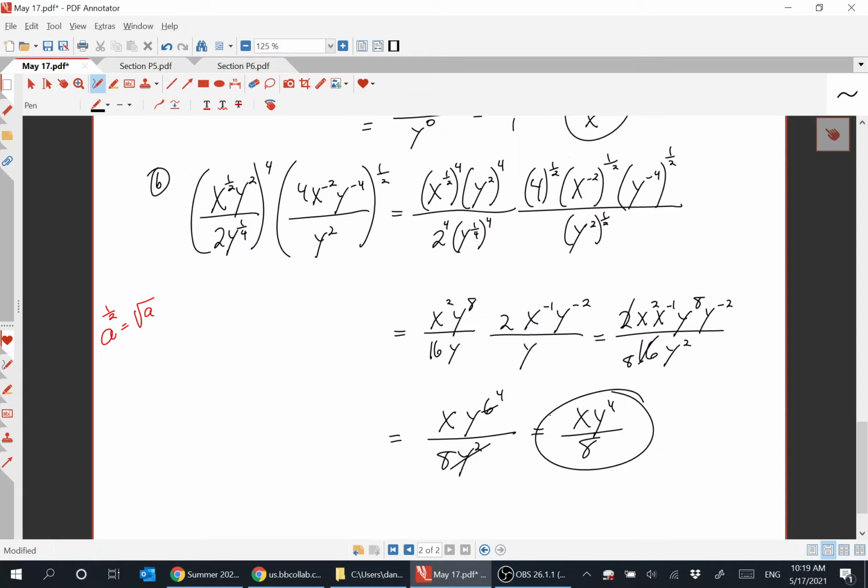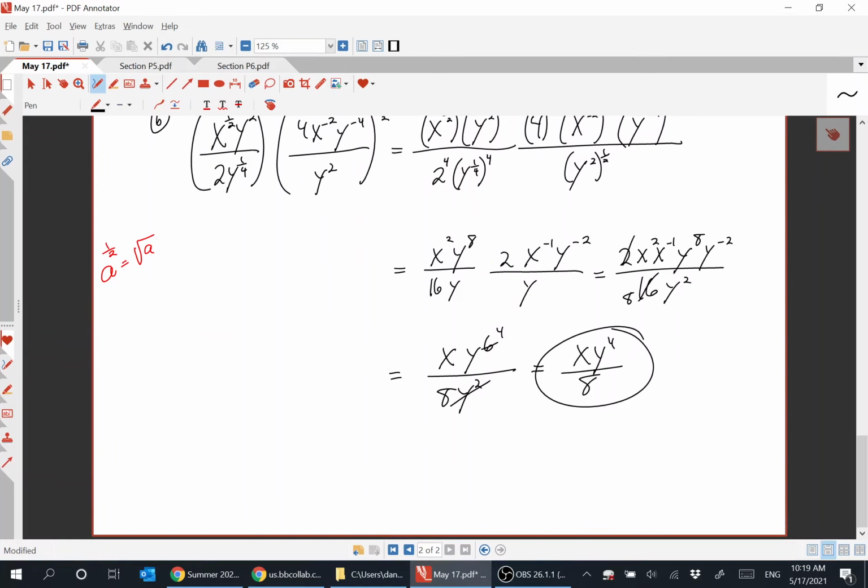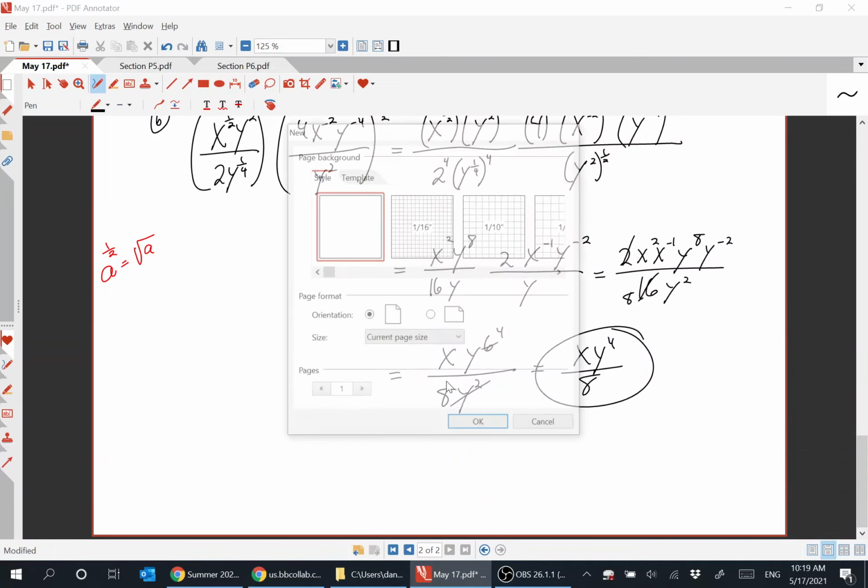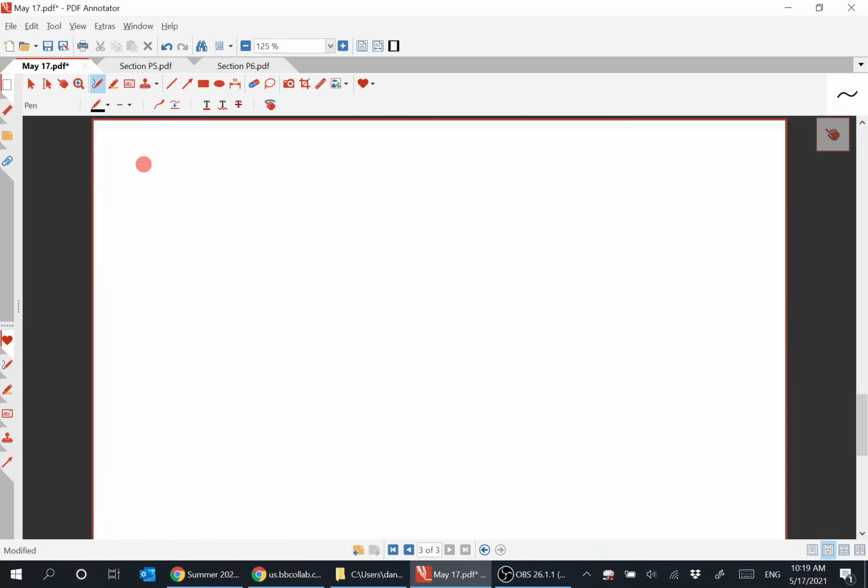So in number 81, let's just do 81. Fourth root.